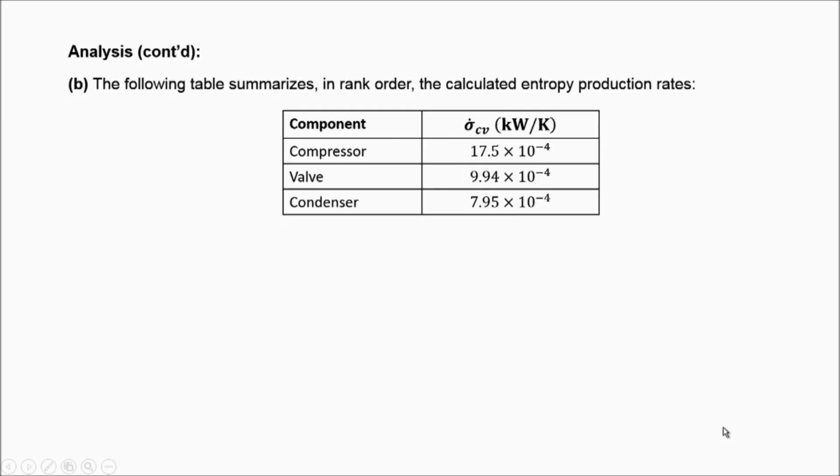For part B, the following table summarizes from the largest to the smallest the calculated entropy production rates in the three components considered. The values range from 17.5 10 to the minus 4 kilowatt per Kelvin for the compressor to 7.95 10 to the minus 4 kilowatt per Kelvin for the condenser.